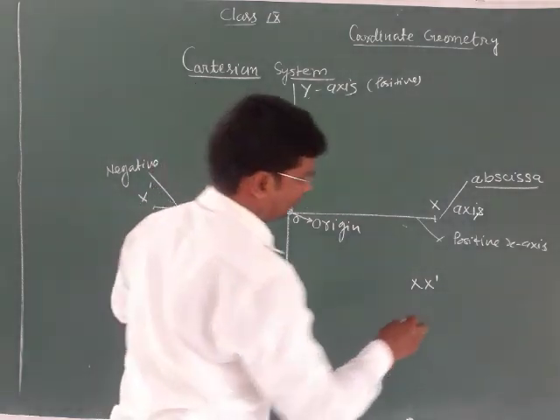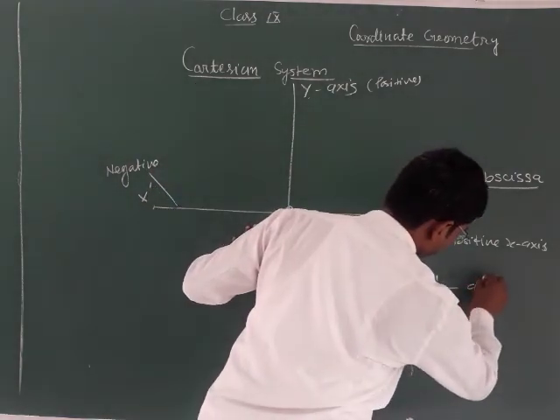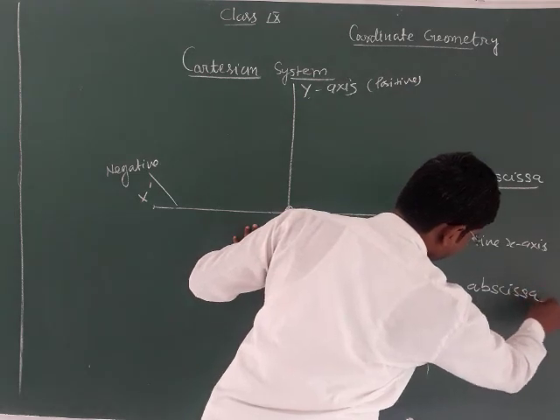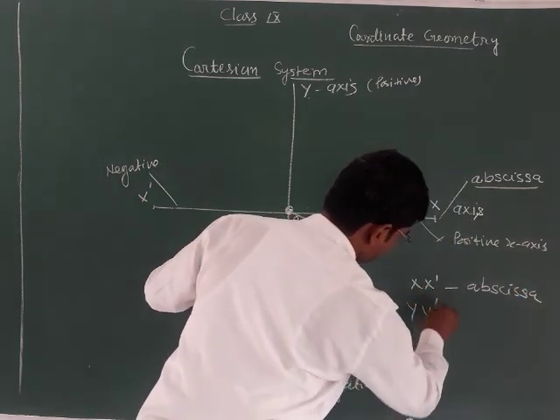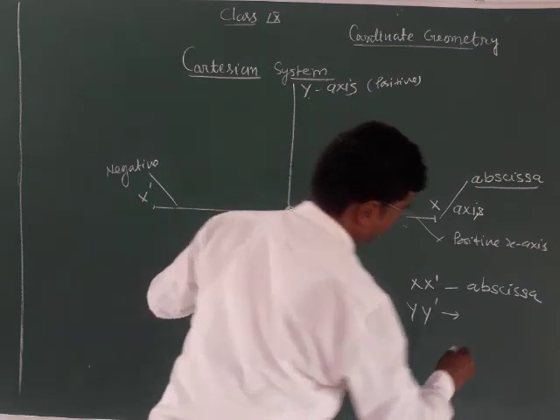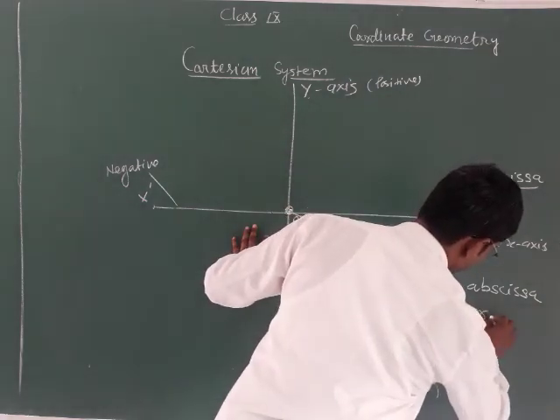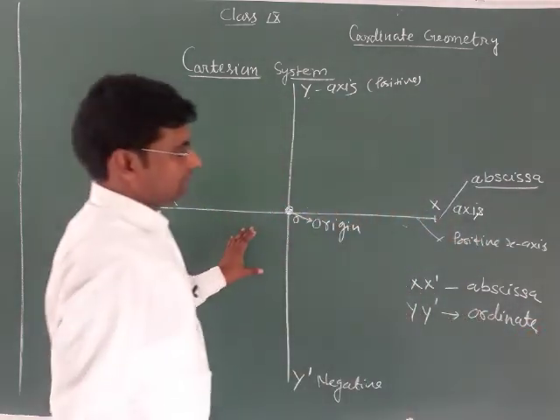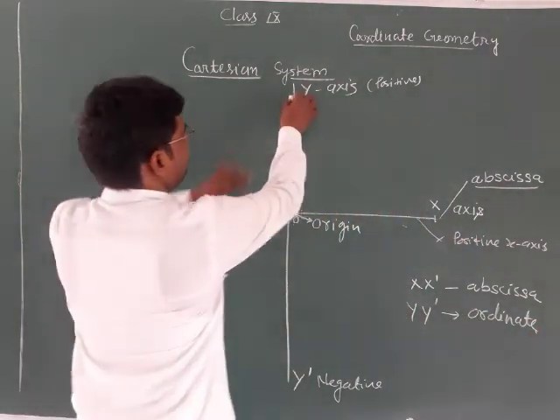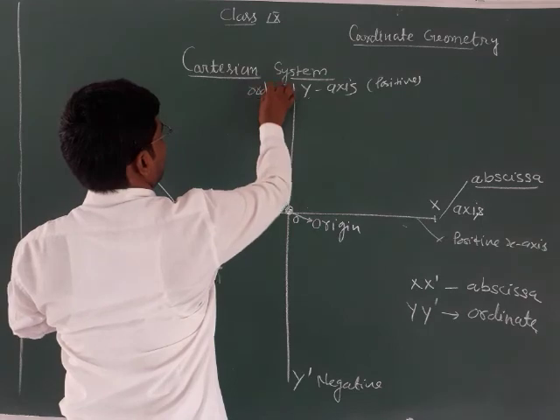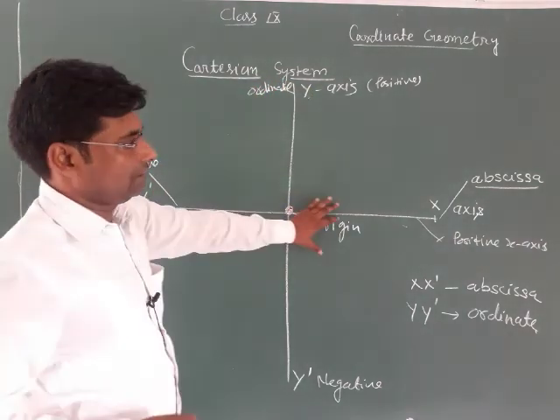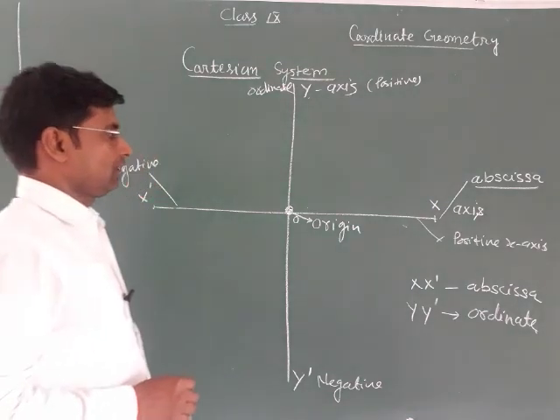And y y dash is called ordinate. This is ordinate, this is abscissa.